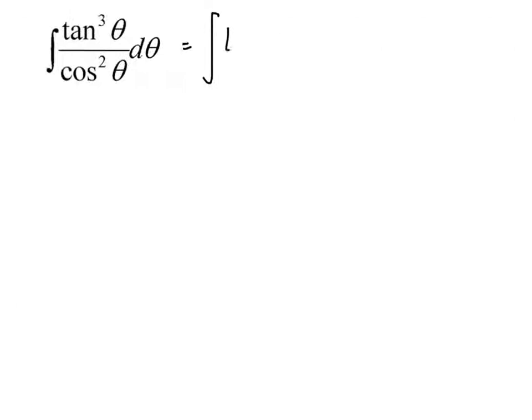So tangent cubed multiplied by 1 over cosine squared. Well, 1 over cosine squared is the same as secant squared.